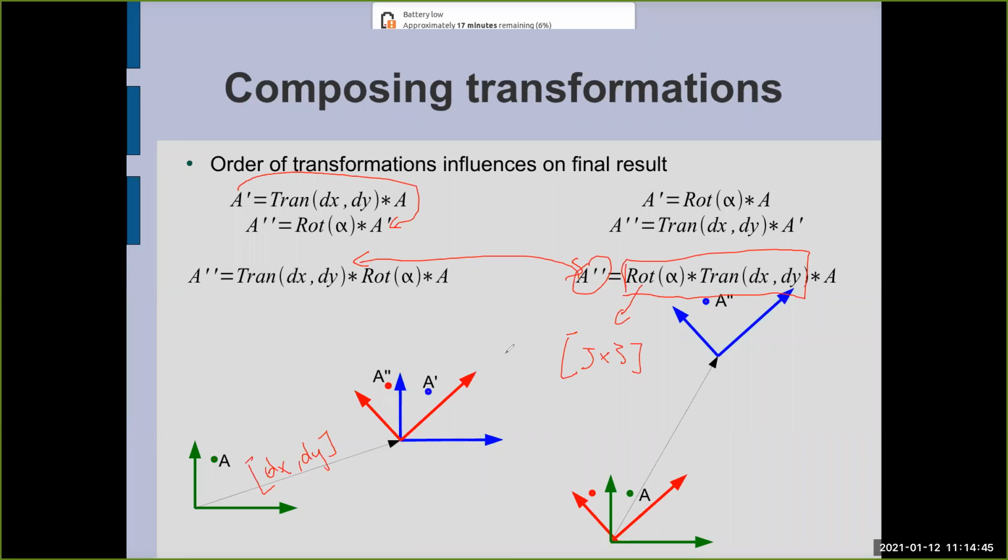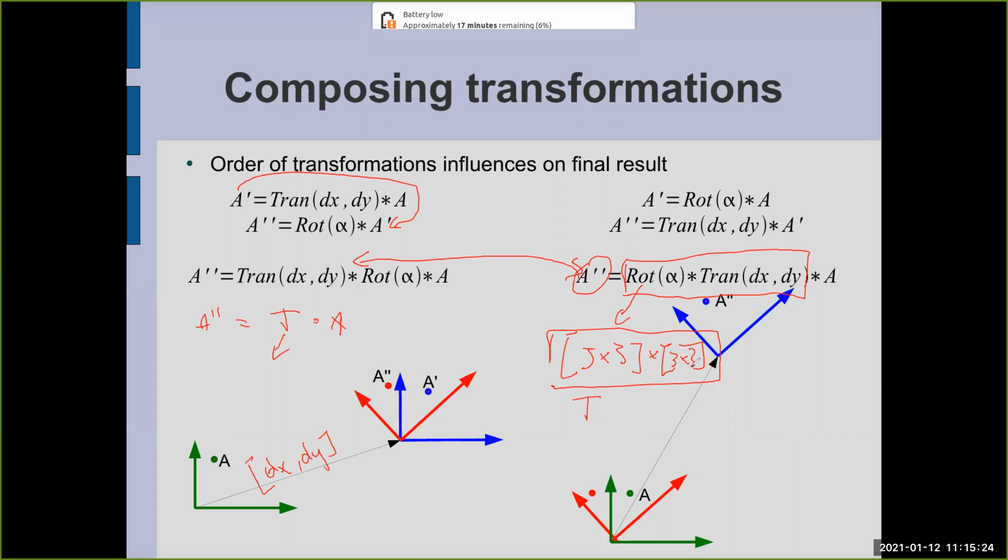So in fact, because they are two matrices, I can calculate a single matrix which is equal to rotation times translation, and I can apply it to calculate the resulting transformation.